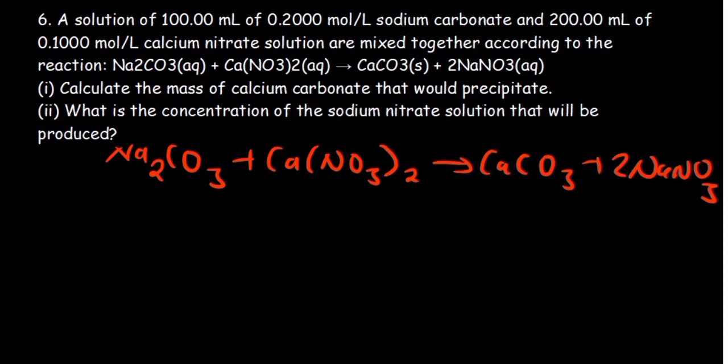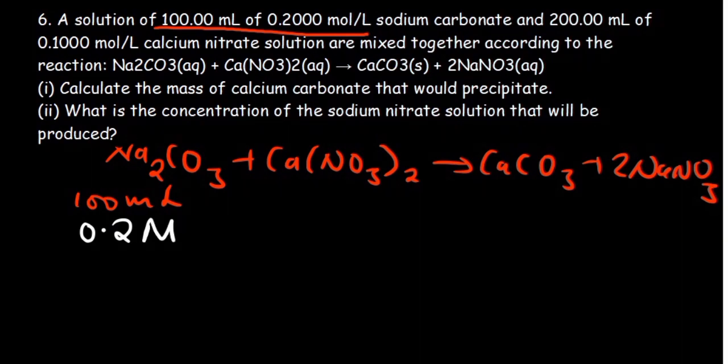We've been told a solution of 100 milliliters of sodium carbonate, with a concentration of 0.2 molar. For calcium nitrate, we have 200 milliliters, and a concentration of 0.1 molar.